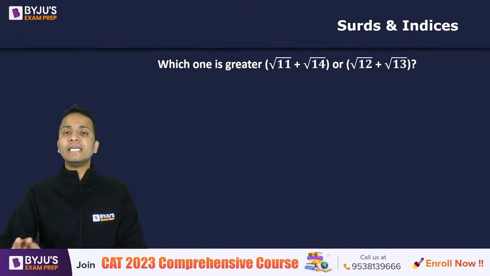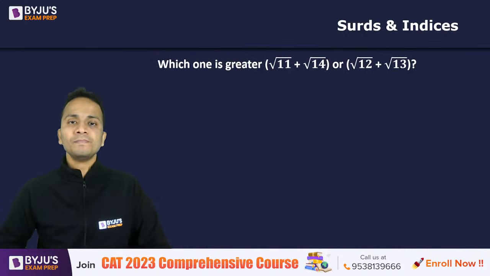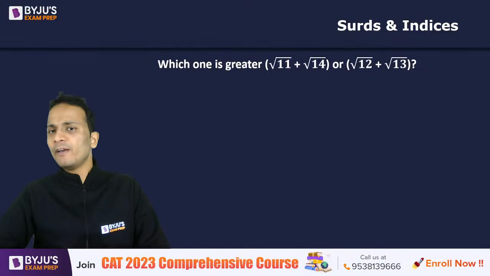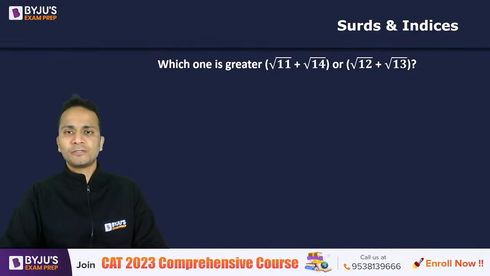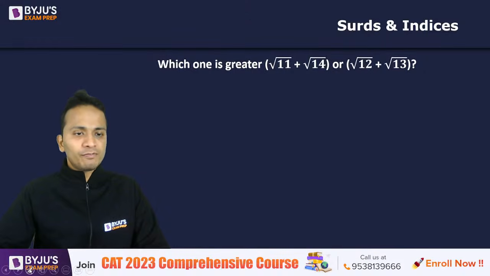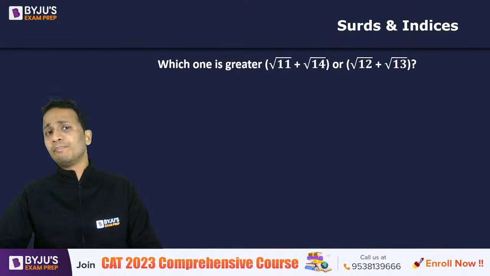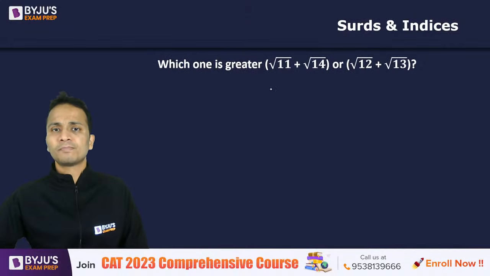Now this is certainly a different type of question. Root 11 plus root 14 is the first number, and the second number is root 12 plus root 13. Now there is a specific way of dealing with these questions. First of all, one particular thing that you can observe about both these numbers.